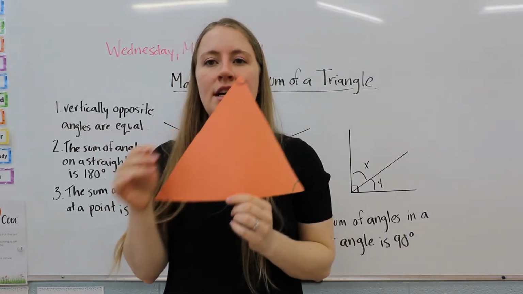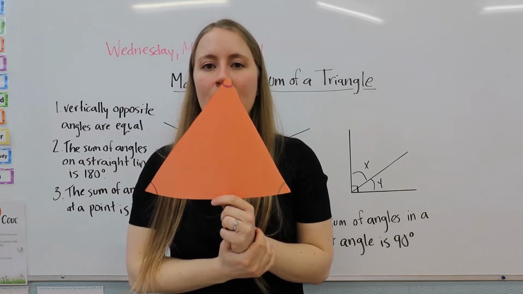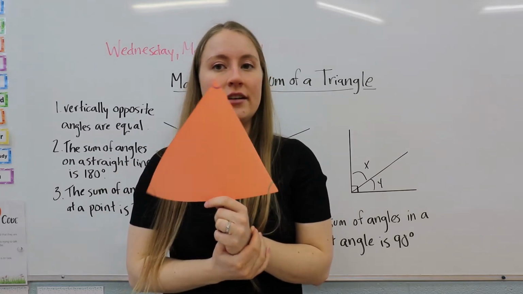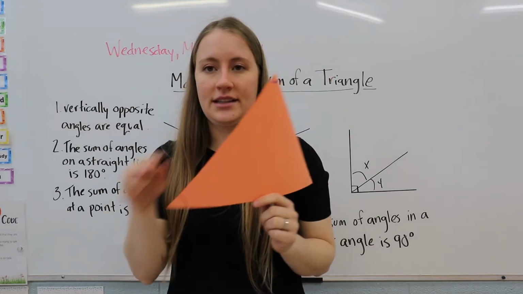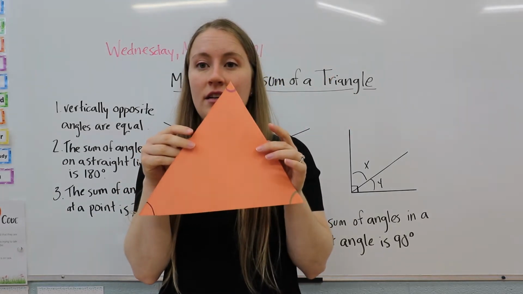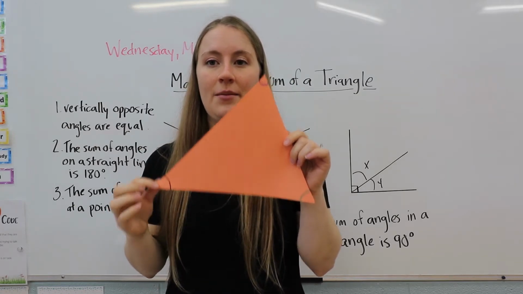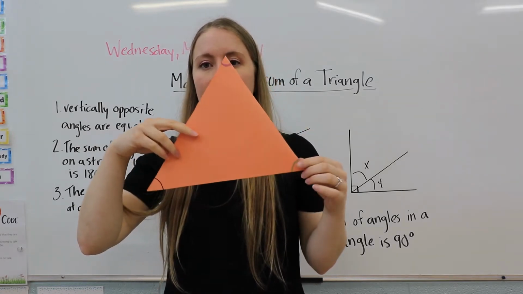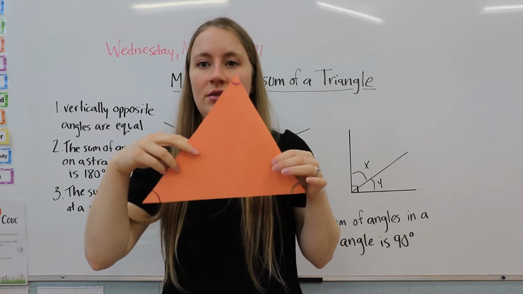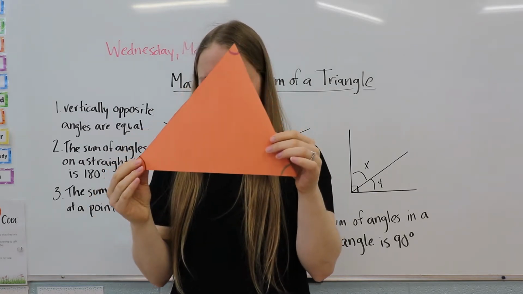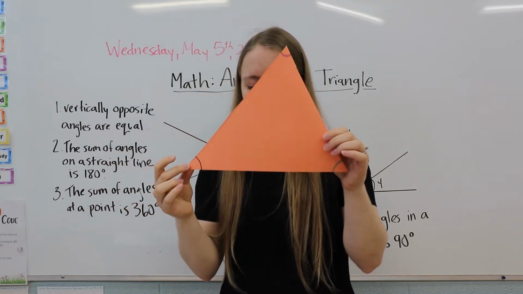So if you want, you can pause the video now and grab a piece of paper so you can make your own triangle. It doesn't have to be exactly the one in the textbook. It can just be a triangle, okay? Because you'll see that what we're gonna do works with any triangle, okay? But I have my triangle right here, and I've marked its little angles. We don't know what they're worth, but I will show you a cool thing with them.